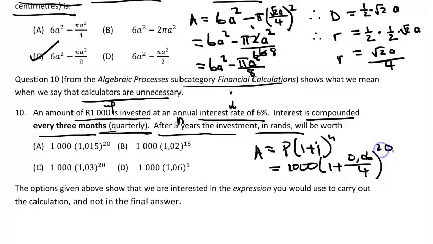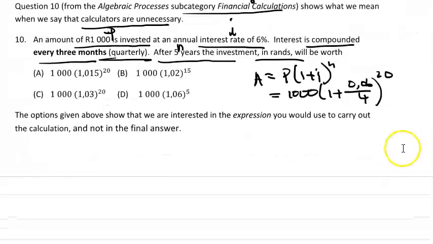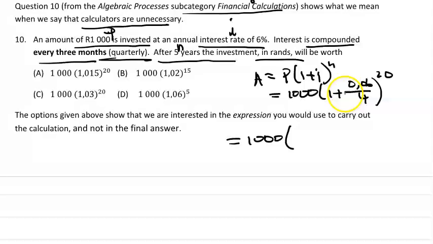Now remember that no calculators are allowed, so we need to simplify this before we give our answer. So this equals 1000 times (1 plus 0.06 over 4) to the power 20. So we can eliminate these two answers, so it's between A and C.